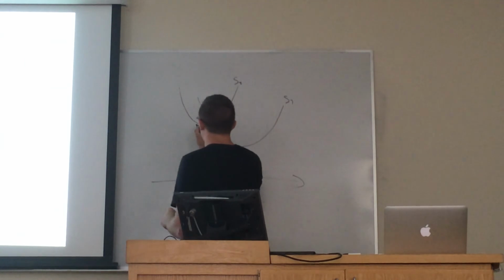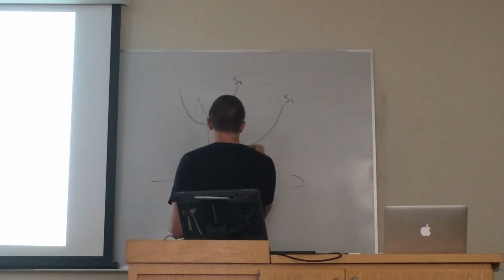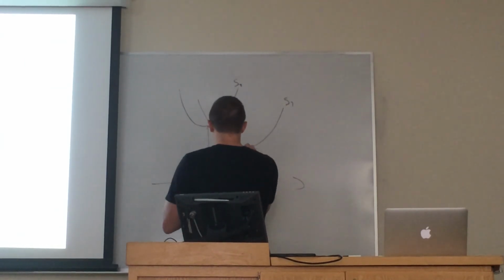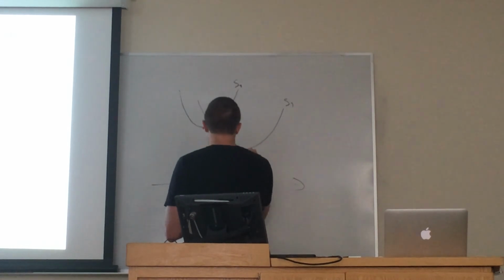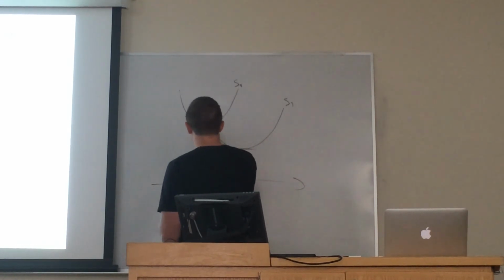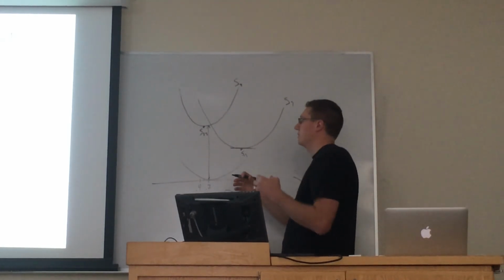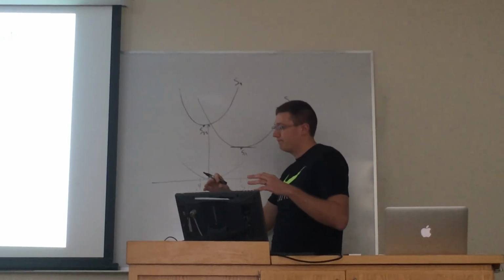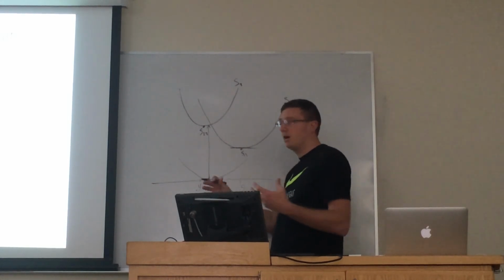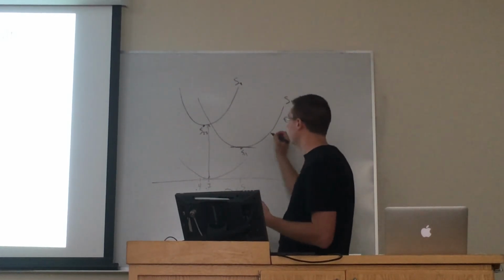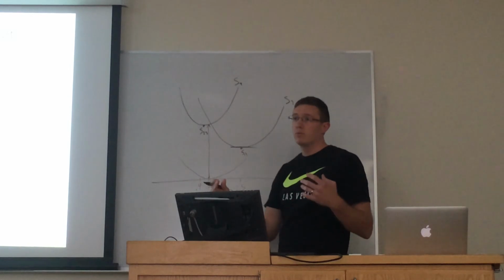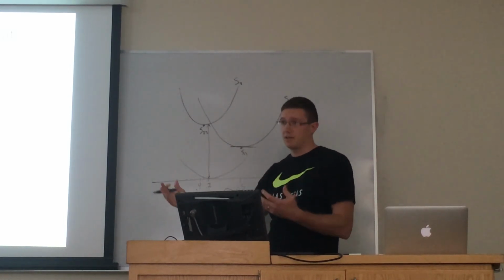So when I ran our ab initio calculations, I got equilibrium points at each of these. And the next step is I can take the geometry of, say, this first excited state, but then populate it with the electronic structure of the second state.